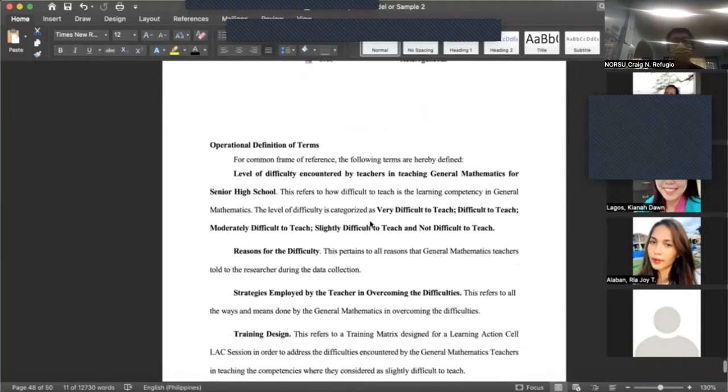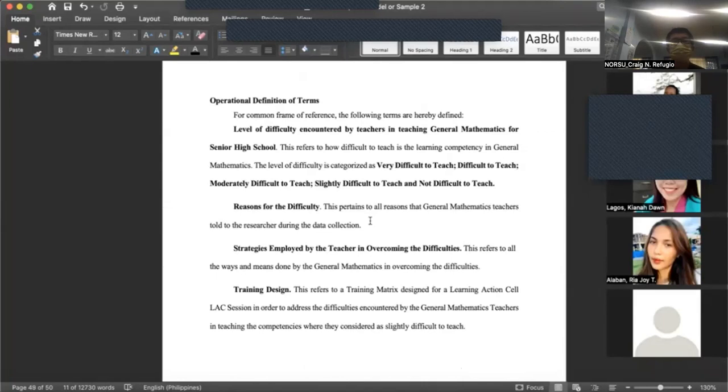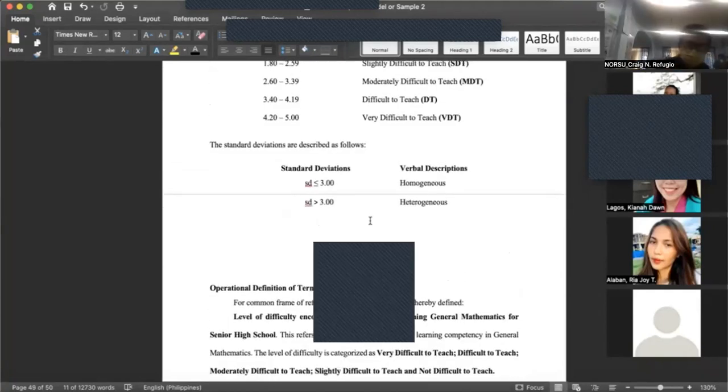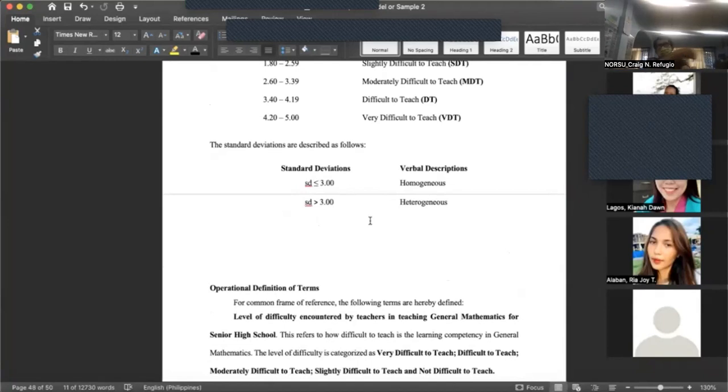Okay. Then we have operational definition of terms. Take note that in the operational definition of terms, only the terms found in the statement of the problem should be defined.